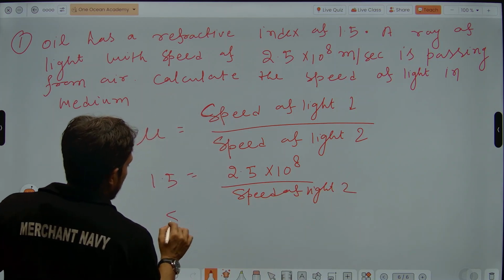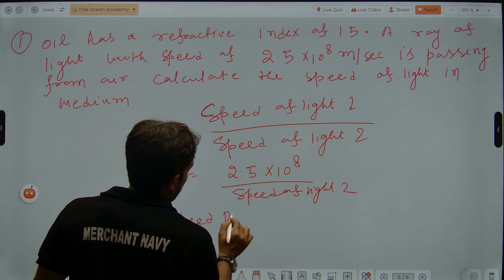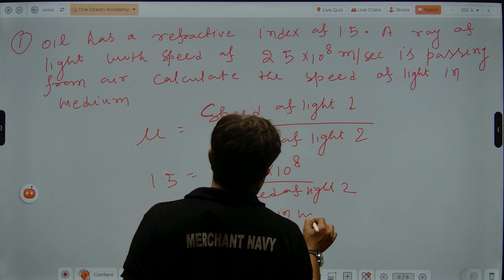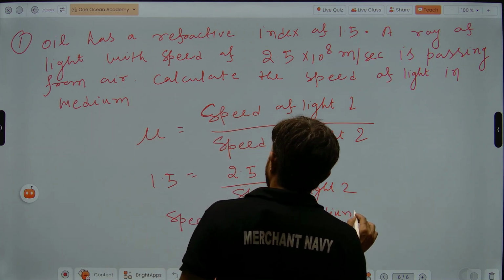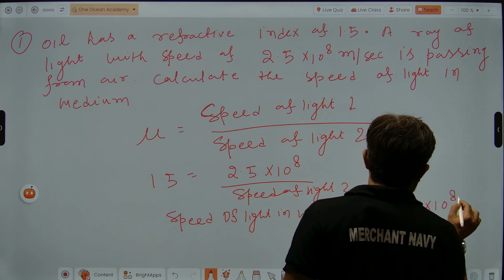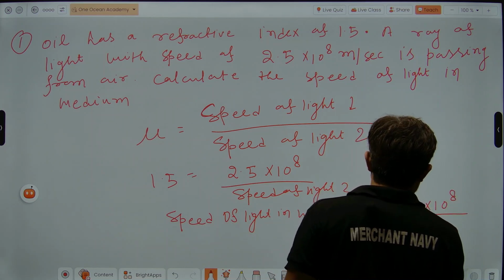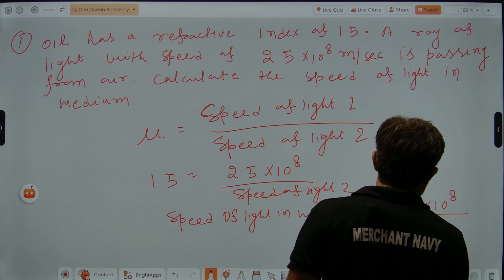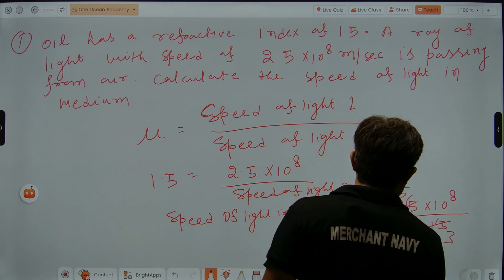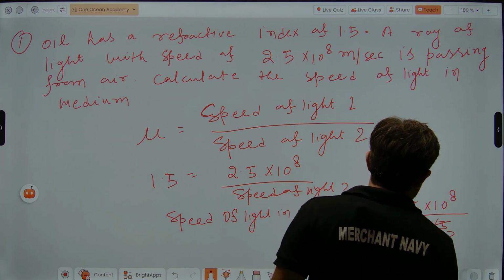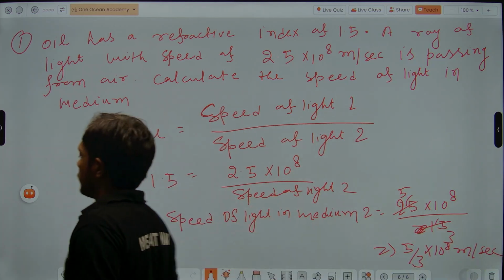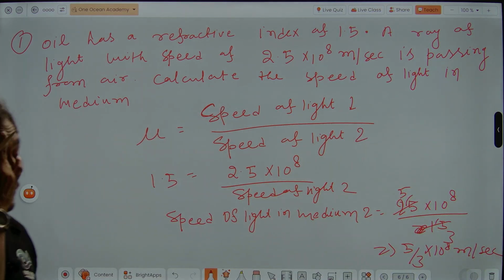So, the speed of light in medium second will equal 2.5 into 10 to the power 8 upon 1.5. Point to point cancel, 5 5 ja, 5 3 ja. So, that becomes 5 by 3 into 10 to the power 8 meter per second. This will be the required speed of light in medium second.